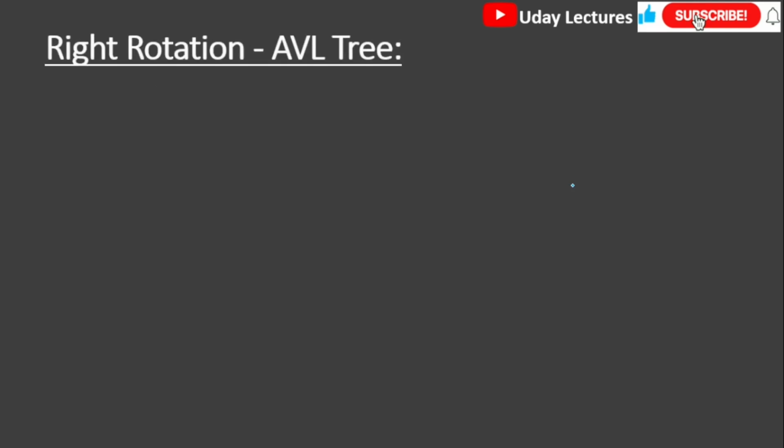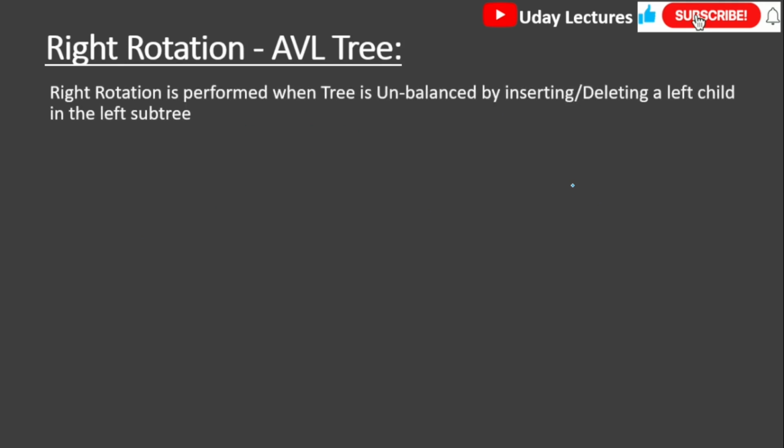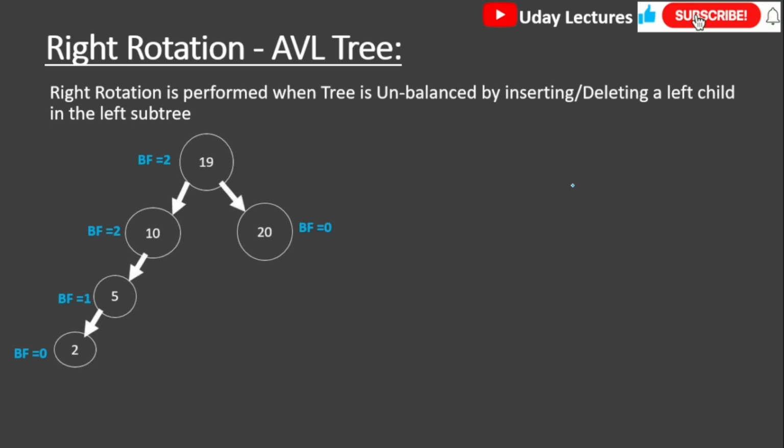Now we will see what right rotation does for the AVL tree and when we should do right rotation. So let us consider this tree, and right rotation is performed in this case. If we insert a left child to the left subtree, which is opposite to the left rotation case, the tree goes unbalanced.